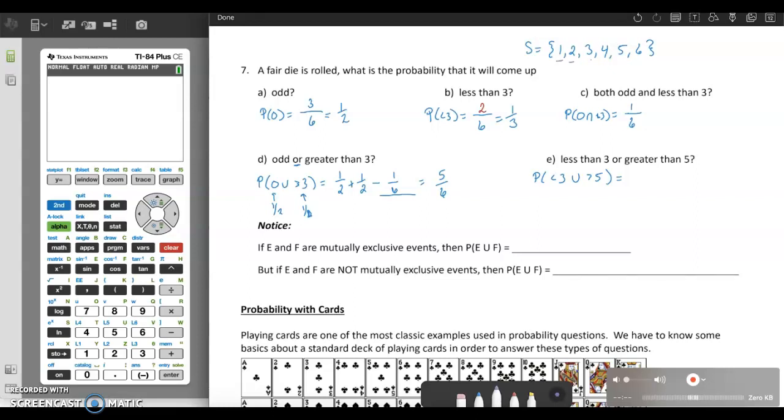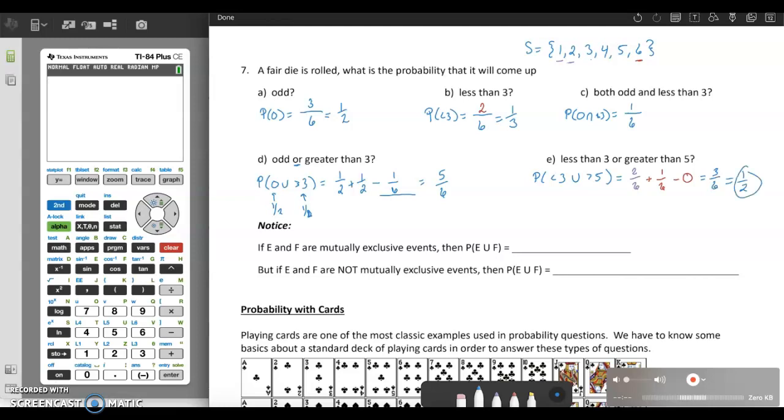So there is a 2 out of 6 ways to do that. And greater than 5 is only the number 6, so there's 1 out of 6 ways to do that. And there is no overlap, so I would just subtract 0 from that. So 1/6 plus 2/6 is 3/6 or 1/2.